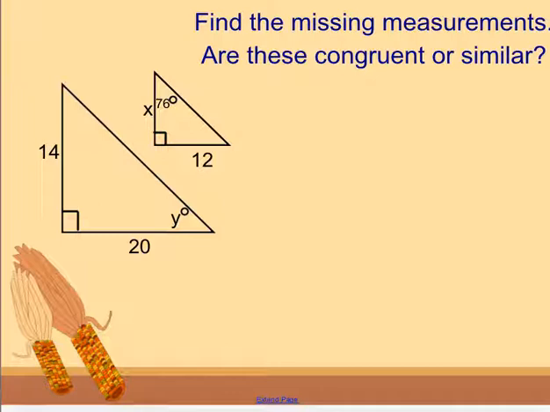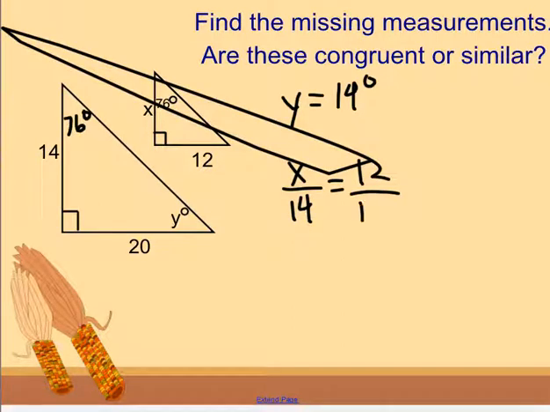Okay, let's try it again. If this angle measure corresponds, and that's 76, then the measure of angle y needs to add up to 90. So that's 14 degrees. Then we can set up a proportion: x is to 14 as 12 is to 20.